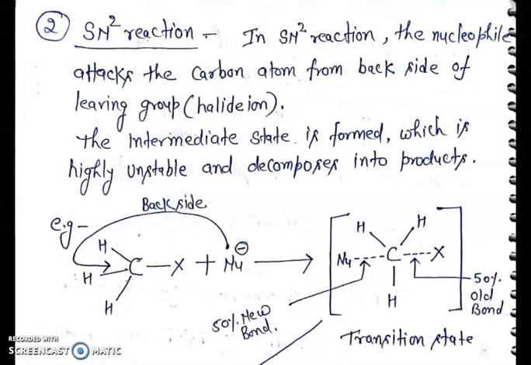Second is SN2 reaction. In SN2 reaction, the nucleophile attacks the carbon atom from the backside of the leaving group, that is halide ion. The intermediate state is formed, which is highly unstable and decomposes into product. The example is given below.